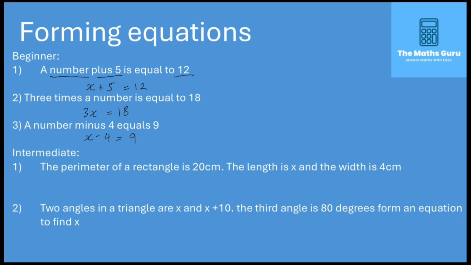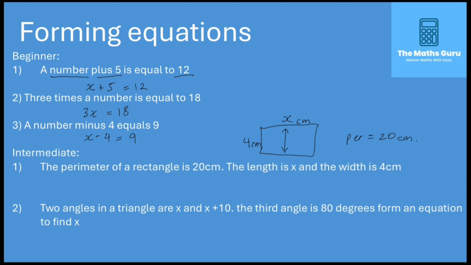Okay, the perimeter of a rectangle is 20 centimeters. The length is x and the width is 4. So we need to form an equation with regards to this. We know, due to the knowledge of rectangles and geometry, that the two sides opposite to each other, or parallel to each other, in a rectangle are equal.